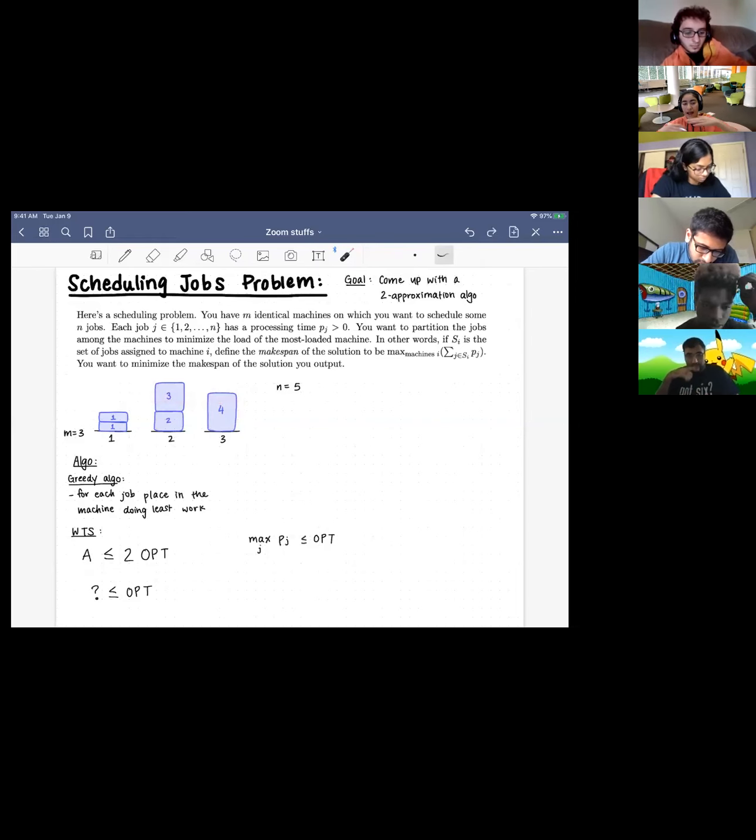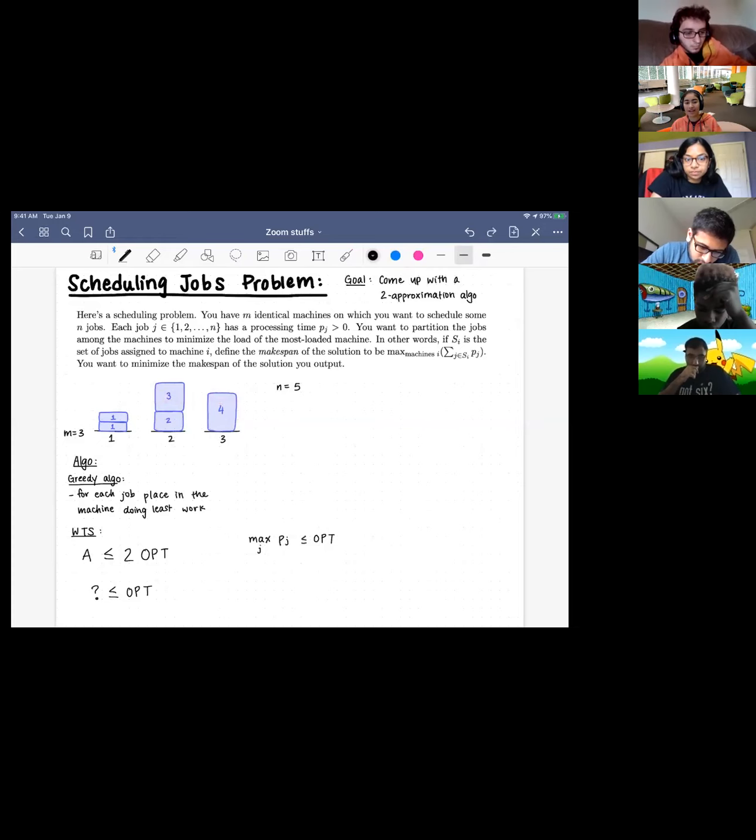Here's what our average job looks like. If we added up all these quantities divided by how many machines there were, it's like we took all the jobs, melted them into one liquid, and then poured them evenly across our machines. So that's like the most optimal solution possible if we could split up the jobs this way.